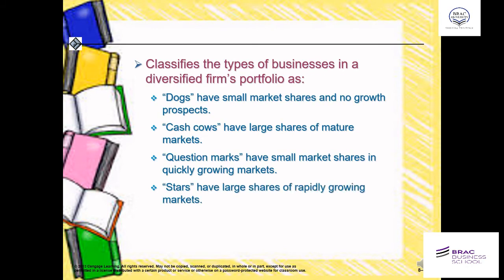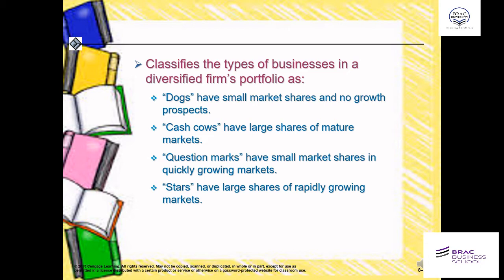So there are four basic patterns of the BCG matrix, that is, four basic grids. First one is dogs, then cash cows, then question marks and stars. In case of dog, it has a very small market share and no growth prospect.